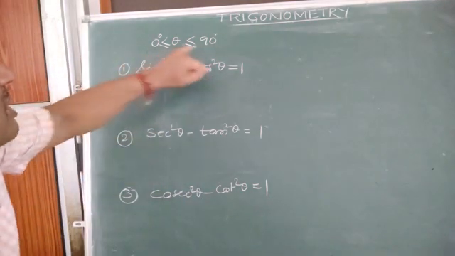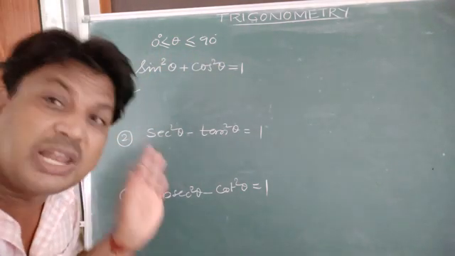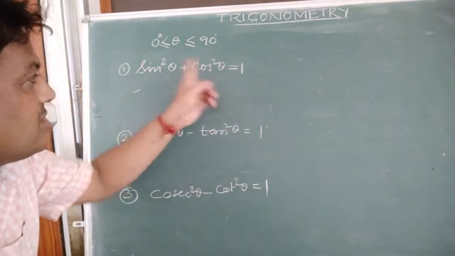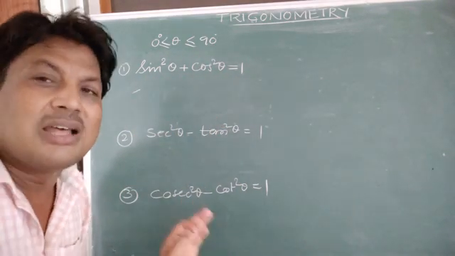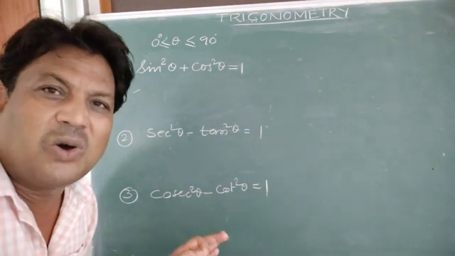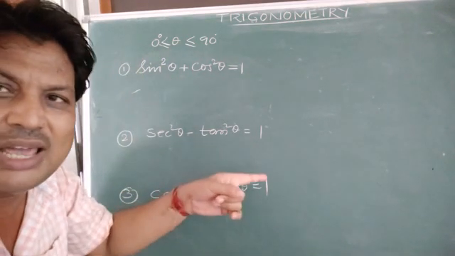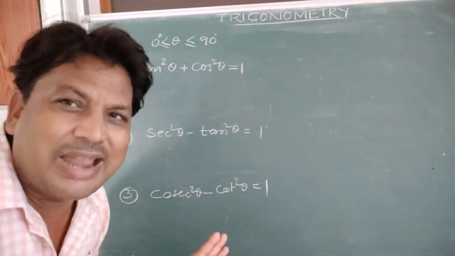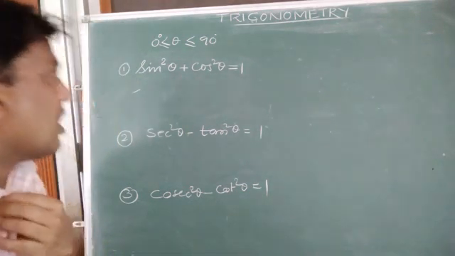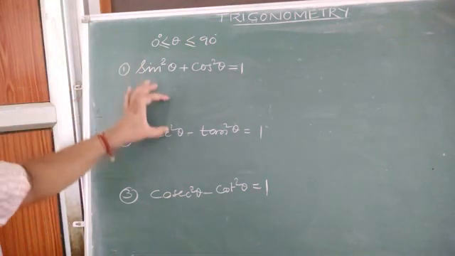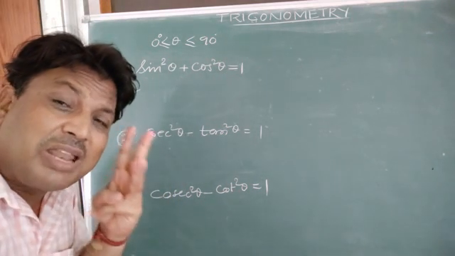You take any specific value between 0 and 90, including them, and you will see that LHS will be equal to RHS. That is, this identity holds good for theta greater than or equal to 0 degree and less than or equal to 90 degree, children. Okay children, these three are very important.